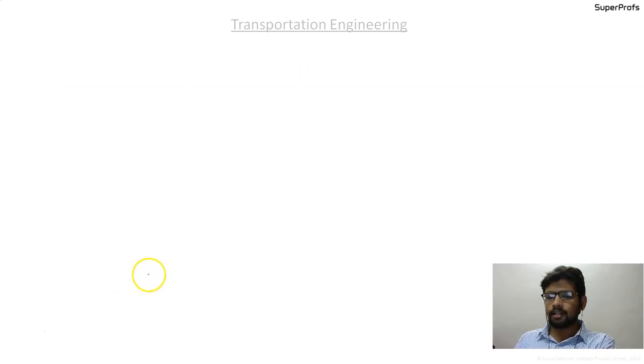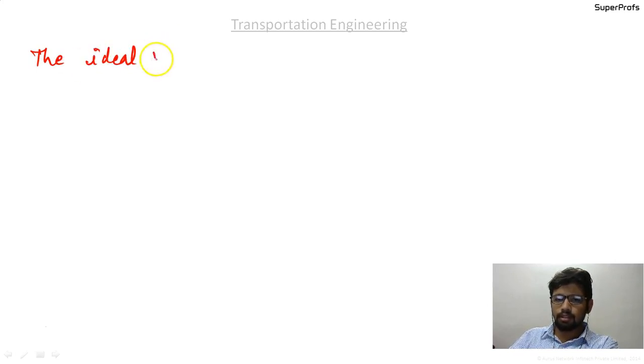So the ideal valley curve is given, the ideal valley curve is cubic parabola. Please write down the ideal valley curve is cubic parabola.